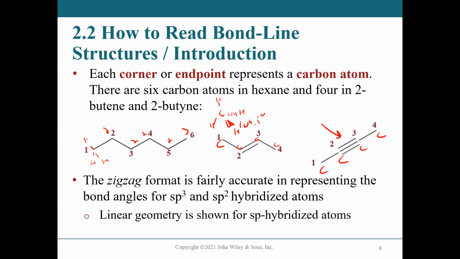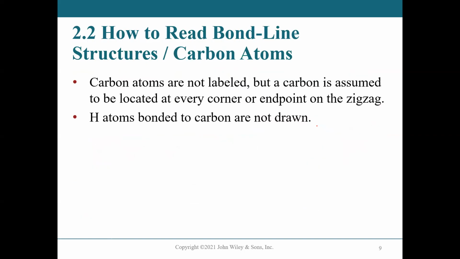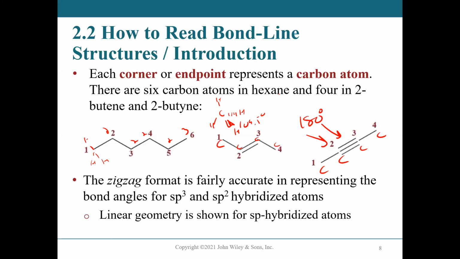It says linear geometry is drawn for sp hybridized atoms. You can see the linear geometry right here, and this is sp hybridized, so this would be a 180-degree angle. It says carbon atoms are not labeled, but a carbon is assumed to be located at every corner or endpoint on the zigzag, and you can see that right here.